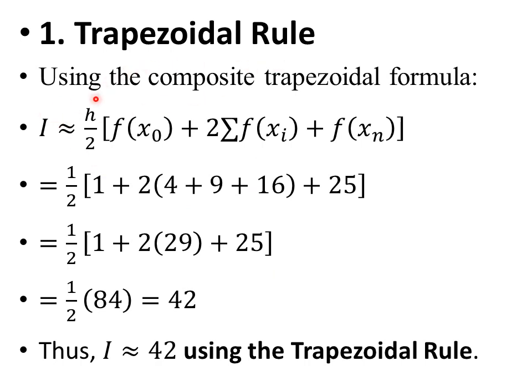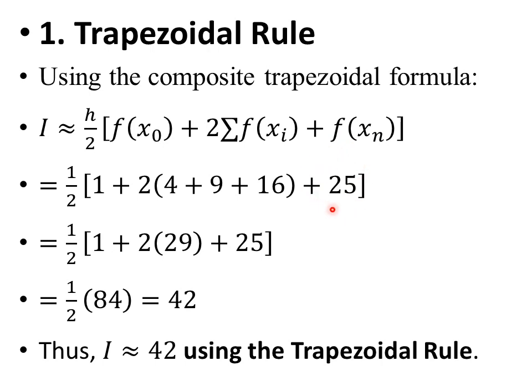Trapezoidal rule. Using the composite trapezoidal formula, h upon 2 times [f of x naught plus 2 summation f of xi plus f of xn]. The value of h is 1. We get f of x naught 1 plus 2 times the values of f of xi, all of them, 4, 9, 16, plus f of xn, which means the last value of the function.